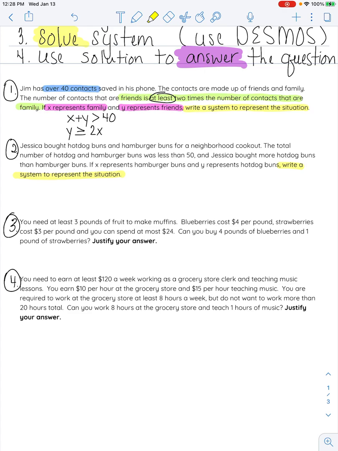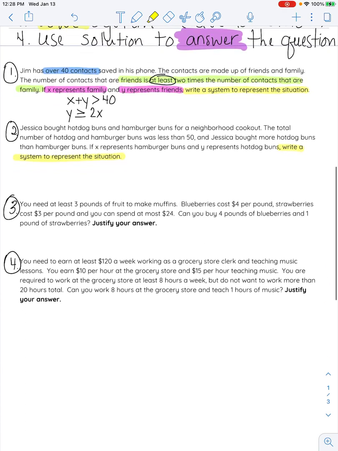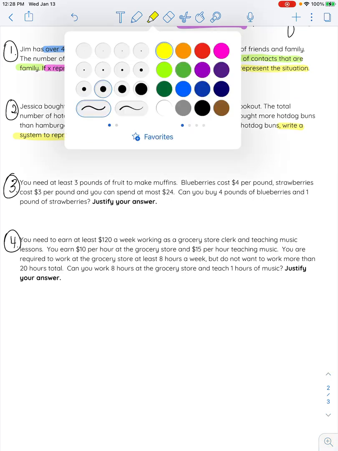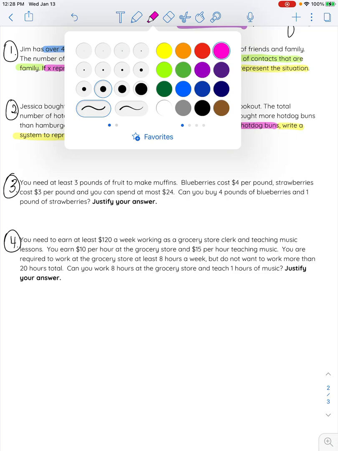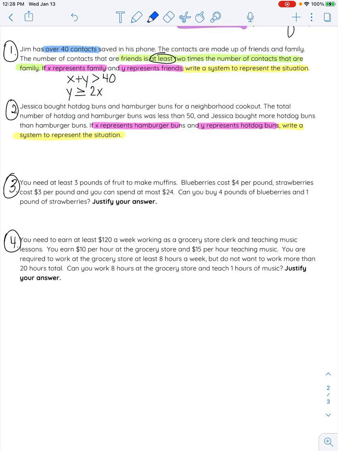So if they want us to write a system, first I have to identify my variables. And again, they were nice enough to do that. They said X represents hamburger buns, Y represents hot dog buns. Now let's go back and write our system. We've got to look for relationships. Jessica bought hot dog buns and hamburger buns.